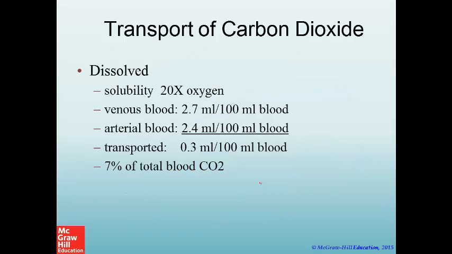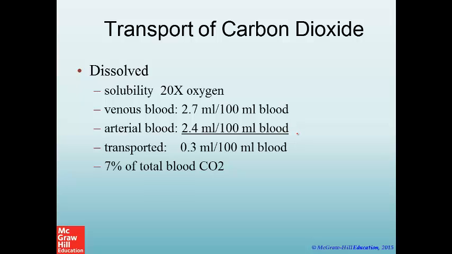Carbon dioxide transport is a little more detailed. It's not quite as straightforward. CO2 is 20 times more soluble than oxygen, so of course you're going to expect more CO2 in the plasma than oxygen, percentage-wise. In venous blood, you'll have 2.7 milliliters per deciliter. In arterial blood, there's 2.4 milliliters per deciliter because you got rid of some of that CO2 in the lungs.